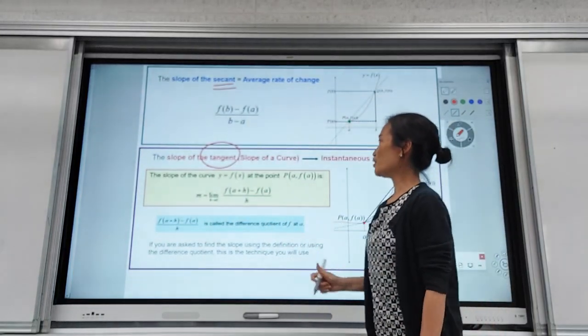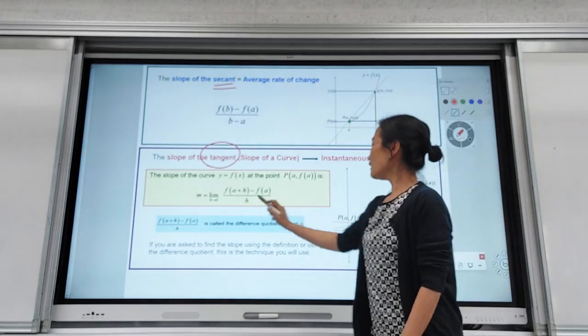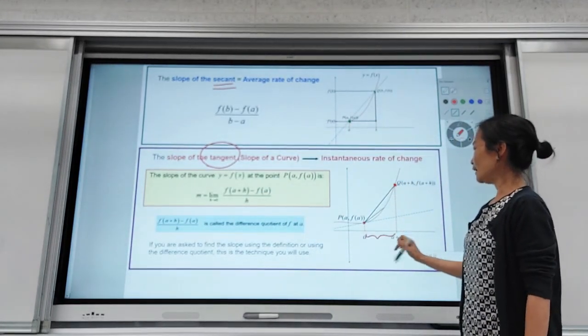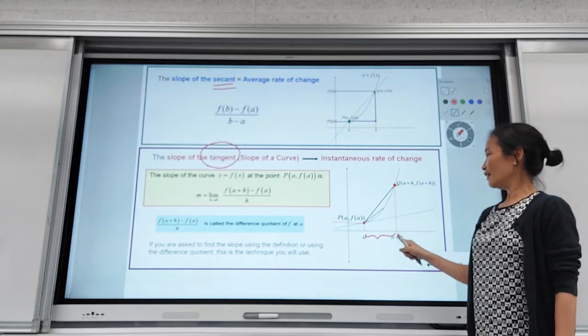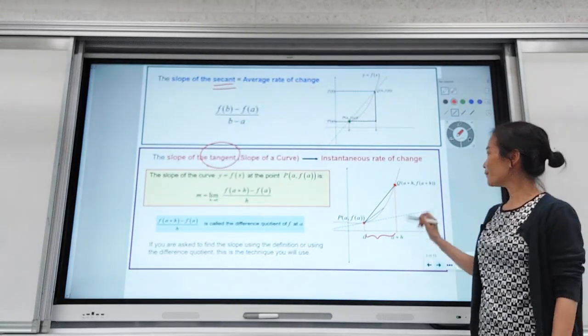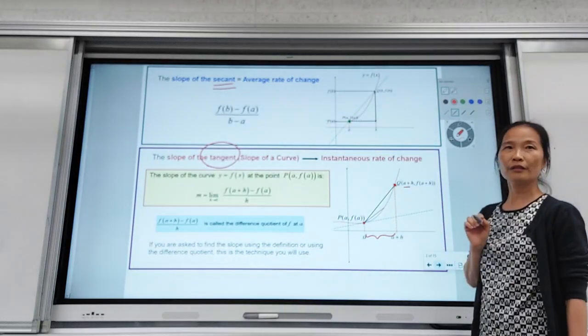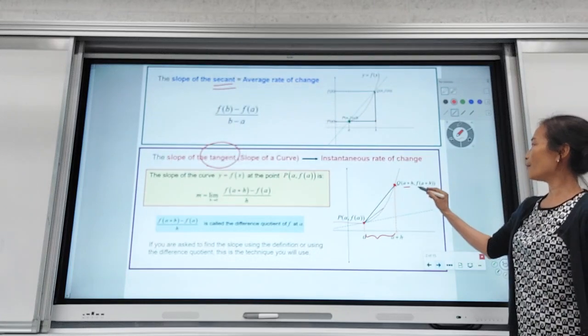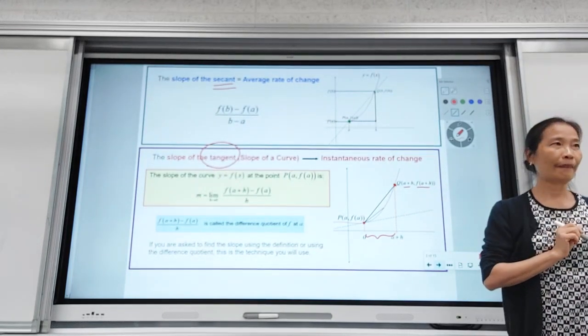function expression. If you find a nearby point, say Q, I'm exaggerating, but the x coordinate is a plus h. Substitute a plus h into f, so y is f of a plus h.